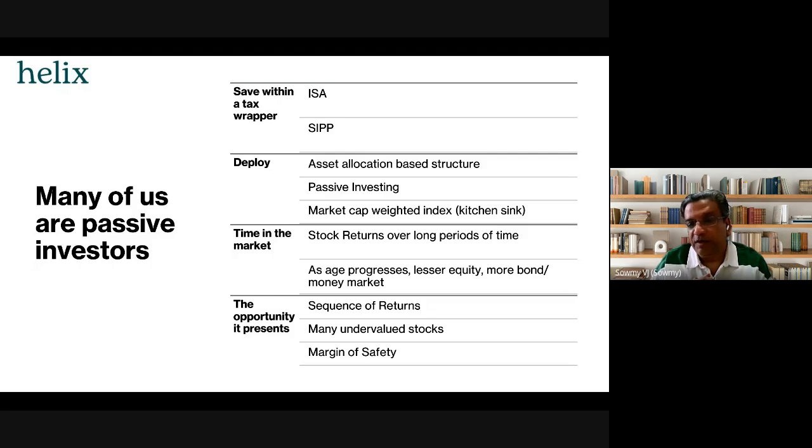What we are doing is this mechanism works in a completely opposite direction to the way alpha is generated. So when you have a vast majority of the market chasing a mechanism that is opposite to alpha generation, it opens up an avenue for you without you doing a lot of work on your own, right?